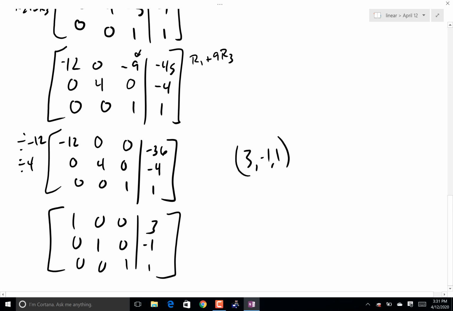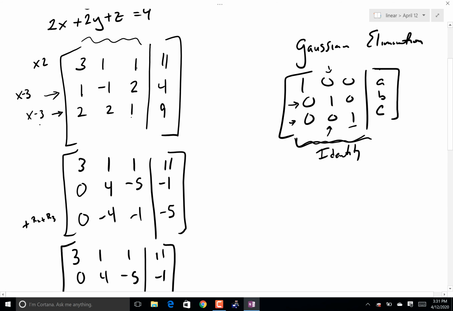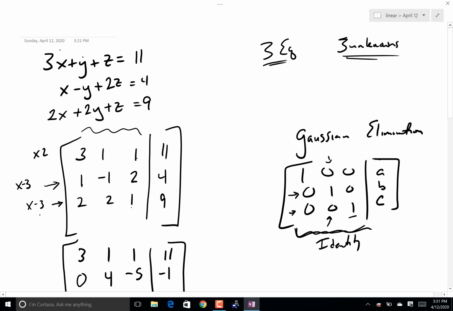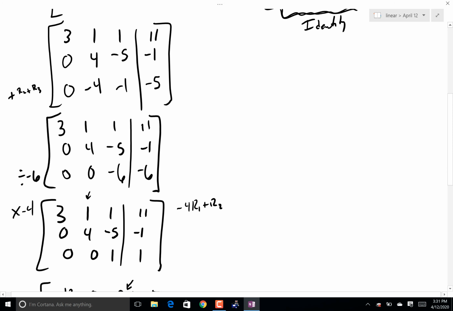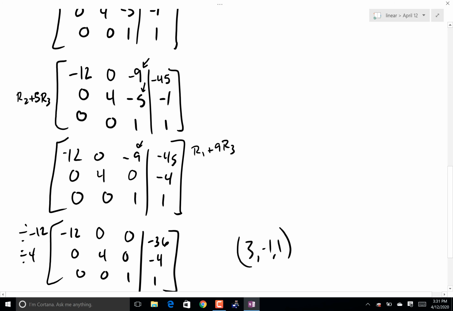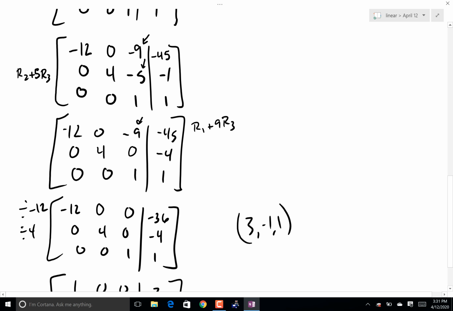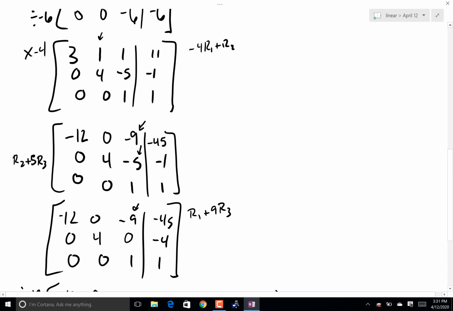Okay. Now let's see if that actually satisfies my original equation. 3 times 3 is 9. Uh-oh. Somewhere I dropped a negative sign. That's no bueno.